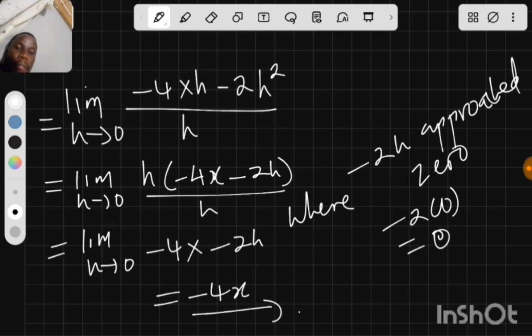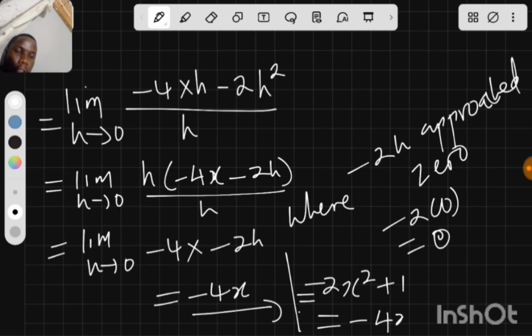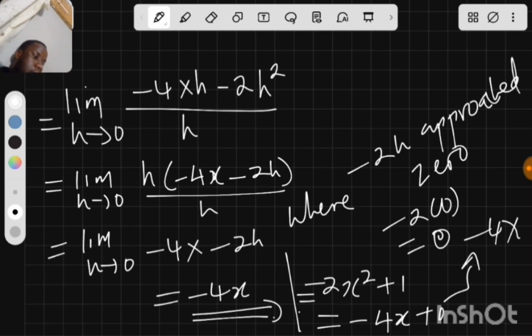Even if you use the differentiation rule, we were given minus 2x squared plus 1. Then the derivative of this graph is the same as minus 4x plus 0, which gives you minus 4x, which is this one. I hope you understand.